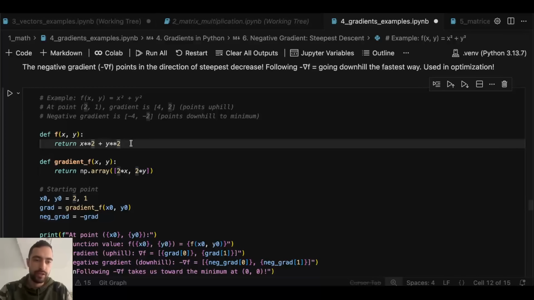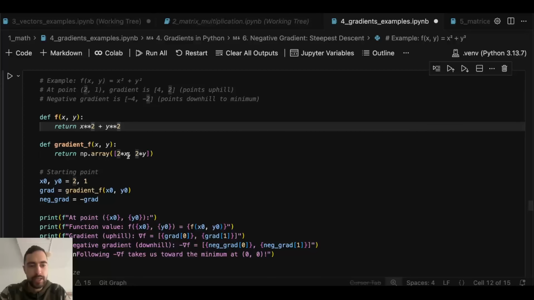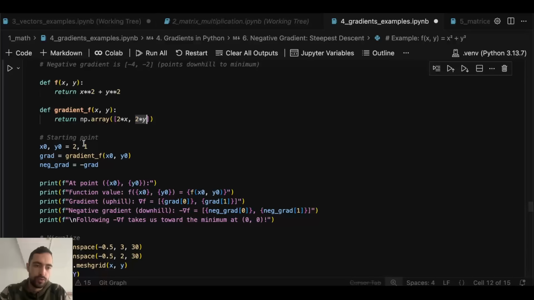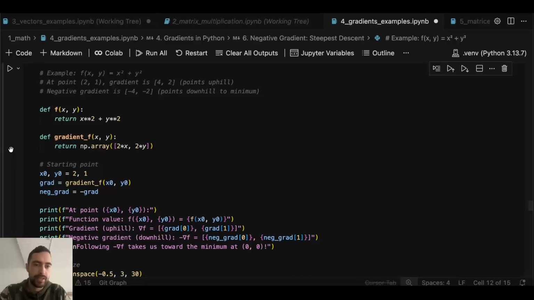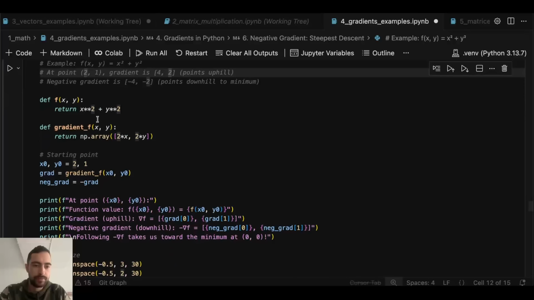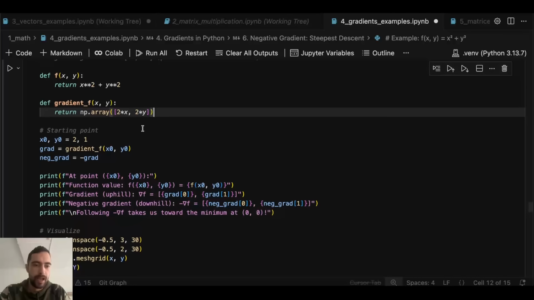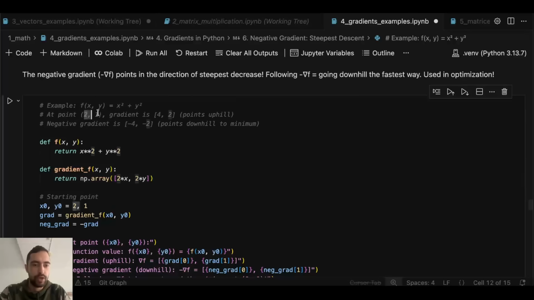This is how you can write square in Python. The gradient will be just 2x and 2y. So let's see some point like (2, 1), so x is 2, y is 1. We're going to get 2 times x is 4, and 2 times y, 2 times 1, is 2. So our gradient at (2, 1) will be (4, 2).